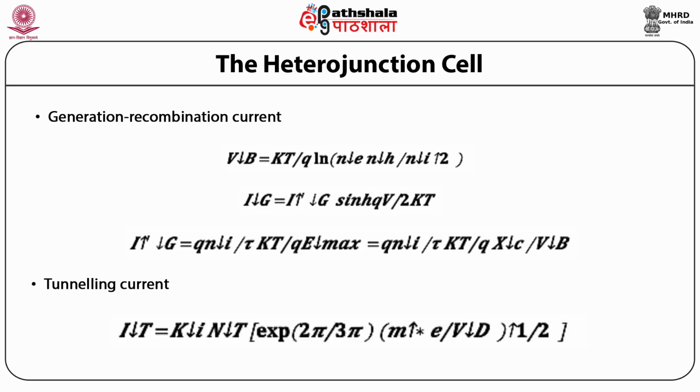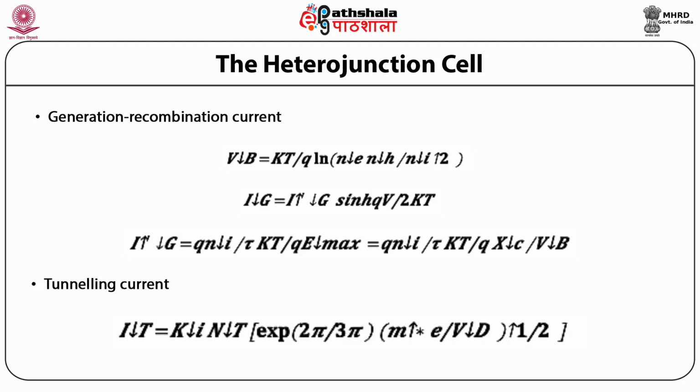It is equal to Q ni kT xc divided by tau Q Vb, where tau is the lifetime of minority carriers, Emax is the maximum depletion layer field strength, and Vb is the built-in potential, which can be written as Vb is equal to kT by Q ln of Na Nd by ni square.